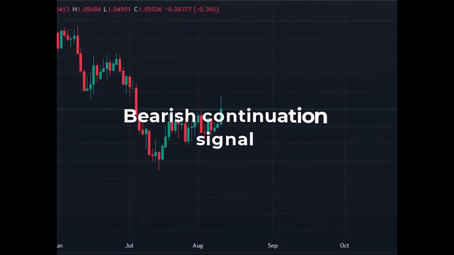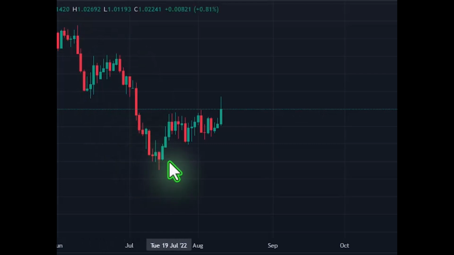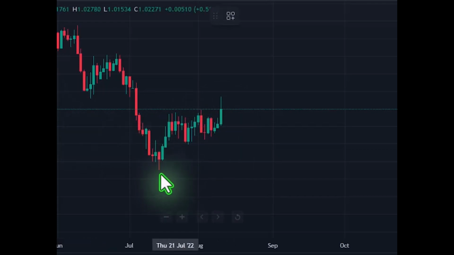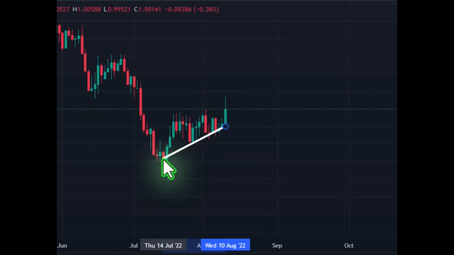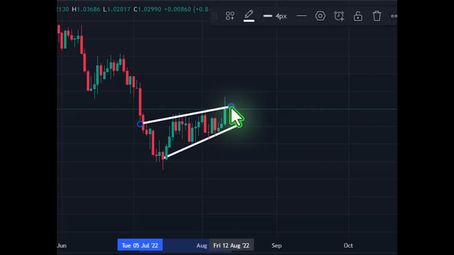So this is a Euro USD. After this sustained bearish move, you see that price got to this place and momentum begins to die down. So what we have here, we have this measure from here to here, we have this, and we have this.